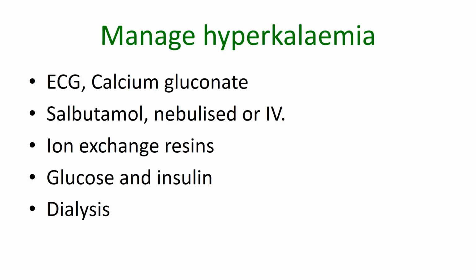But the standard way of treating acute hyperkalemia is to give glucose and insulin together. Now, there are different protocols for this, but the essence of it is that we give insulin. Now, when insulin facilitates the transport of glucose into the cells, the potassium will also move from the extracellular fluid into the cytosol in the intracellular fluid with the glucose.